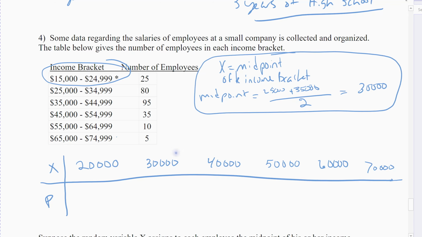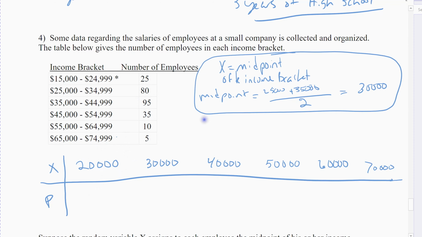And so there are my midpoints: 20,000, 30,000, 40,000, 50,000, 60,000, 70,000. It is based on an average, so this is just an estimation. This is really just an estimated probability, because the 25 people might not have 20,000, but we're saying the average of them is going to be that middle, that 20,000. So 25 people land at the 20,000 bracket.